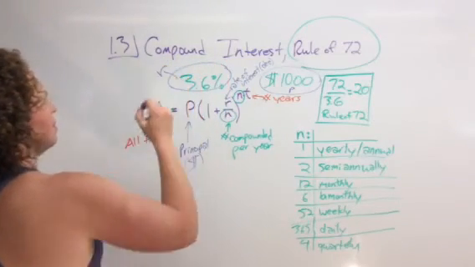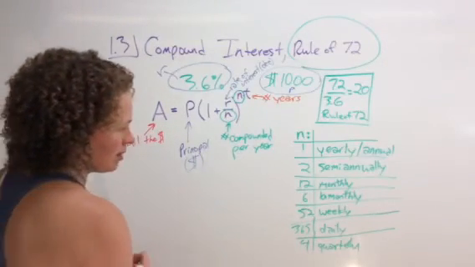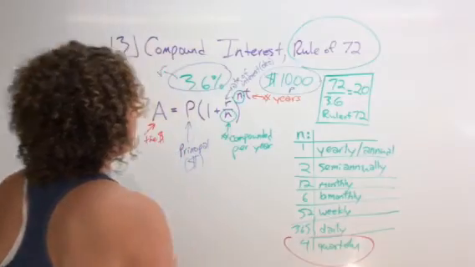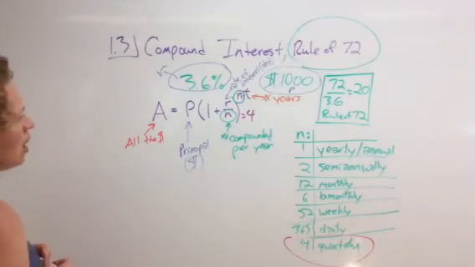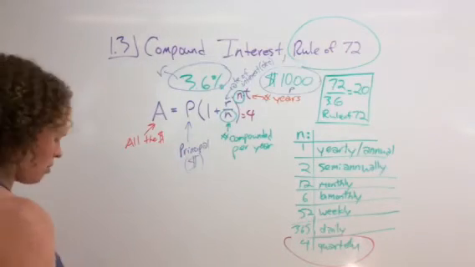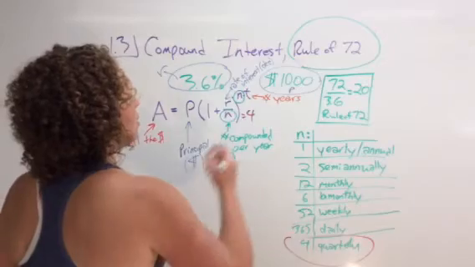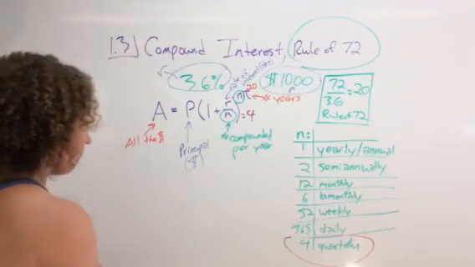This is our R. Let's use quarterly. They love quarterly, so we're going to use quarterly for n, so n's going to be 4. And what else do we need? Time. Time in years is supposed to be 20. So that's 20.